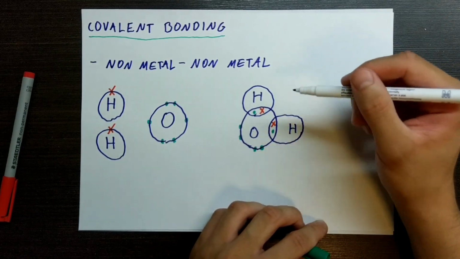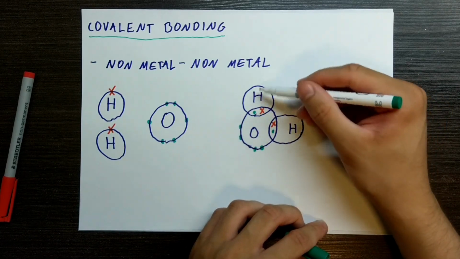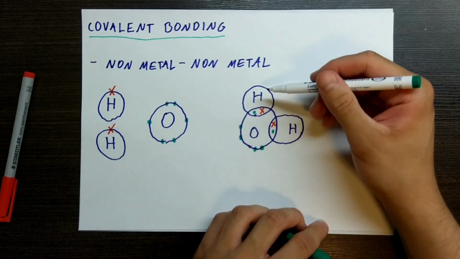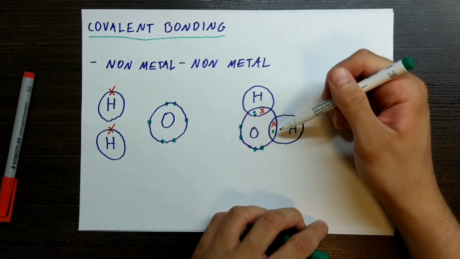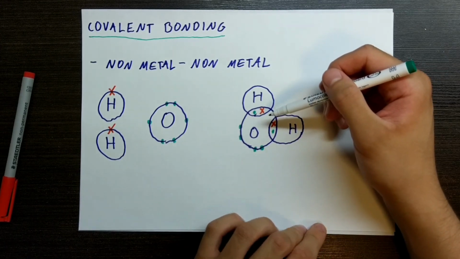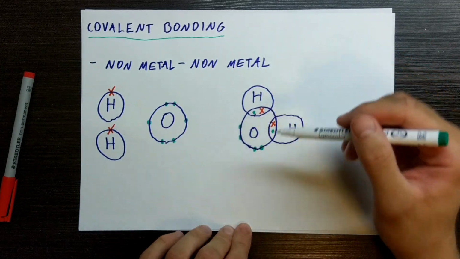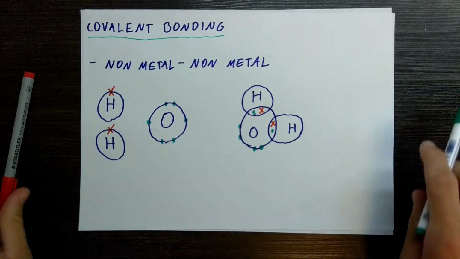Let's not forget that hydrogen has only the first electron shell, which only requires 2 electrons to be full. So hydrogens also have a full outer shell. Now, that's how covalent bonding works, and again, these bonds are strong.